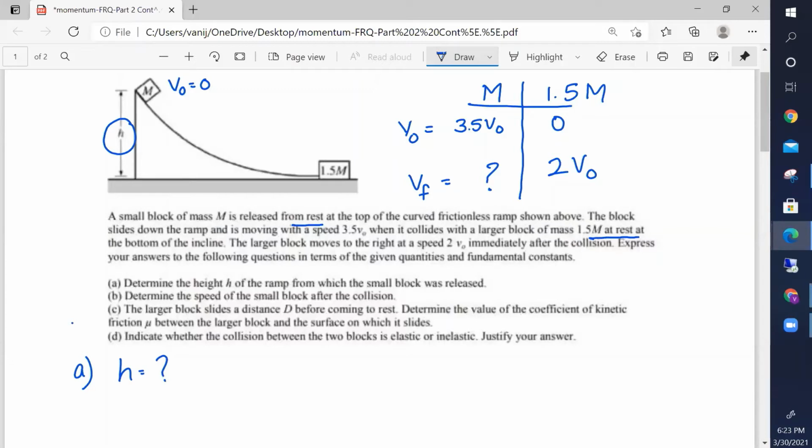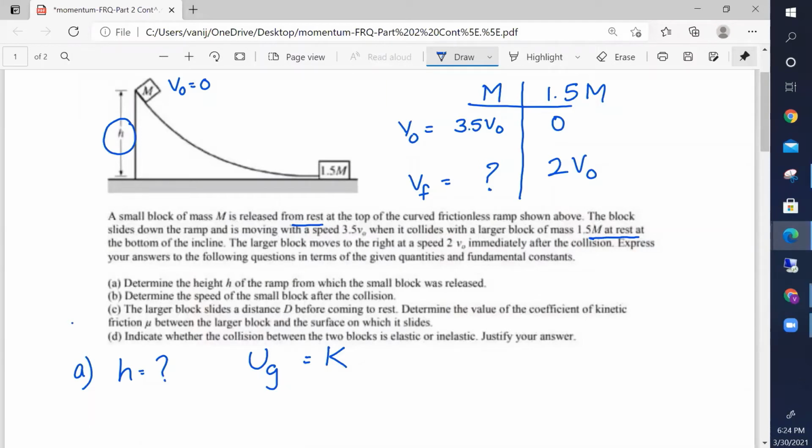I'm going to use conservation of energy to find h, because I know that when the block is at the very top of this ramp, it's going to have gravitational potential energy, UG. And all that UG is going to get converted to kinetic energy. The gravitational potential energy is getting converted to kinetic energy when it comes down the ramp.